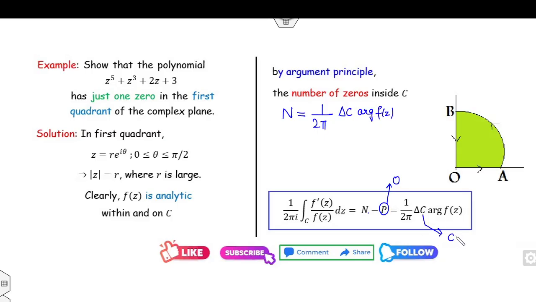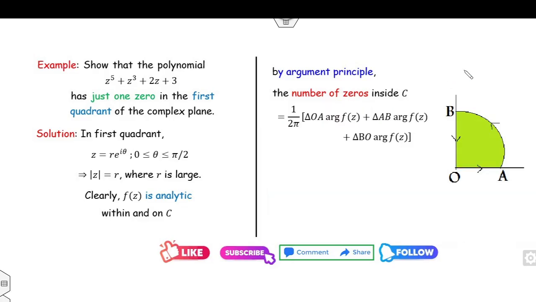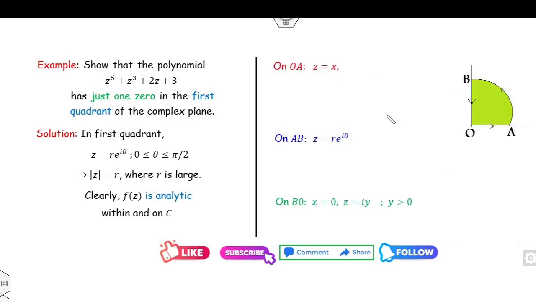C is the curve. In this particular example, the curve is OA, then AB, and then BO. So I can replace this curve with OA plus AB plus BO. My target is to find these three numbers. Fine, so let's start with this one.